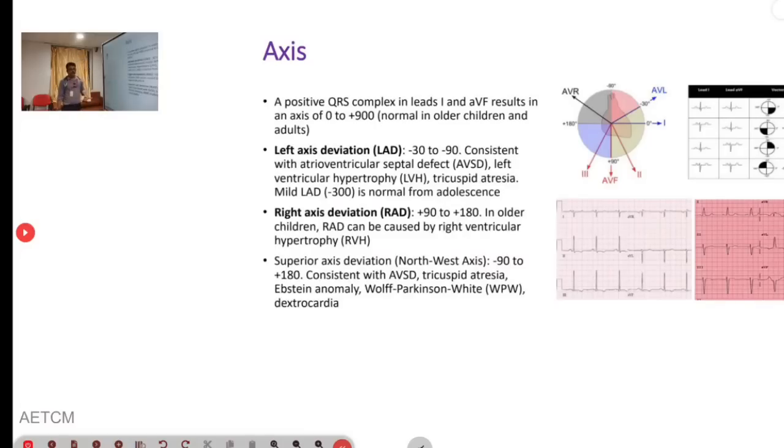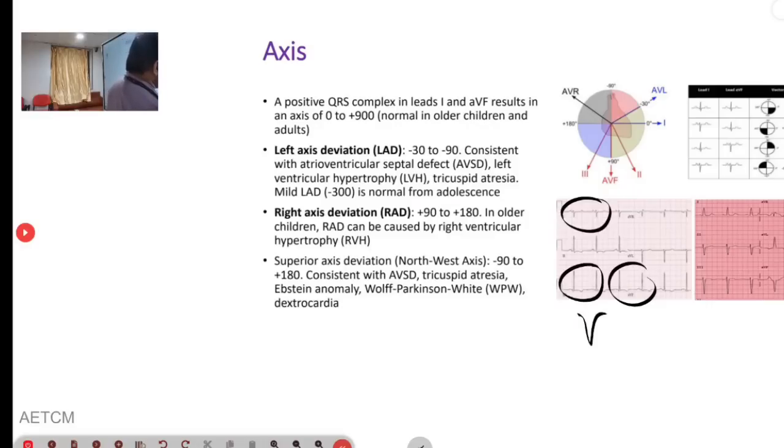Axis, I am not going into the axis in detail here. Only a very important thing I will tell you. You take lead 1 and aVF or lead 3. If the QRS complex is negative in lead 1 and positive in lead 3, both reaching towards the center, that is right axis.